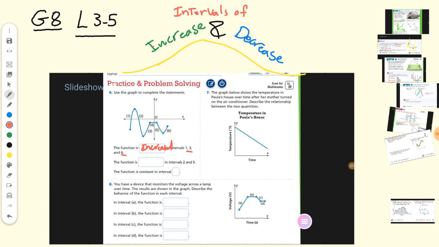What about interval 2 and 5? Decrease. And the function is constant in 4. Easy. Now question number 8.